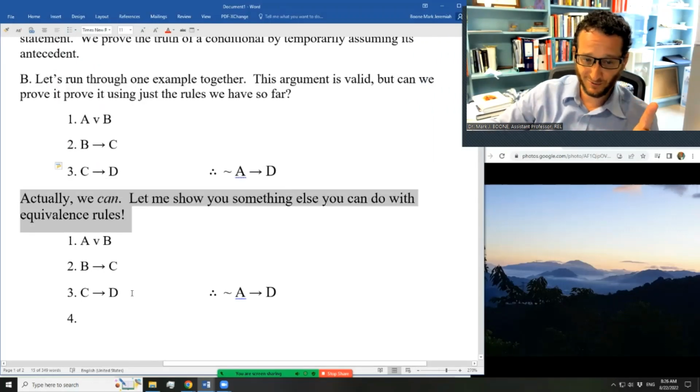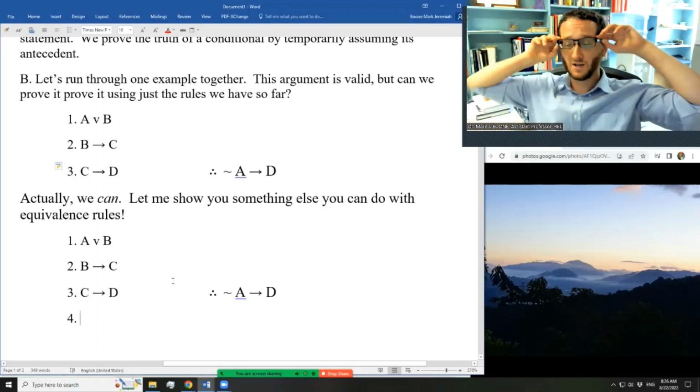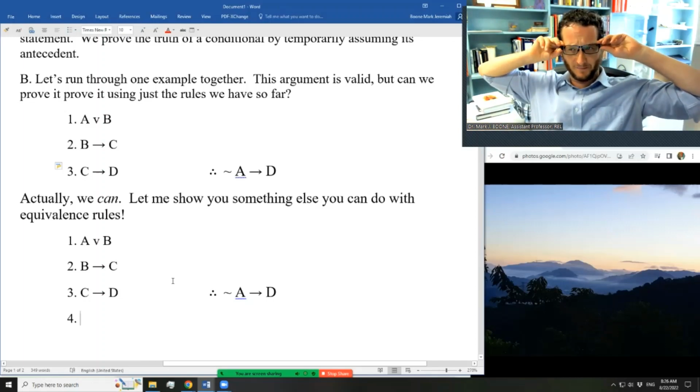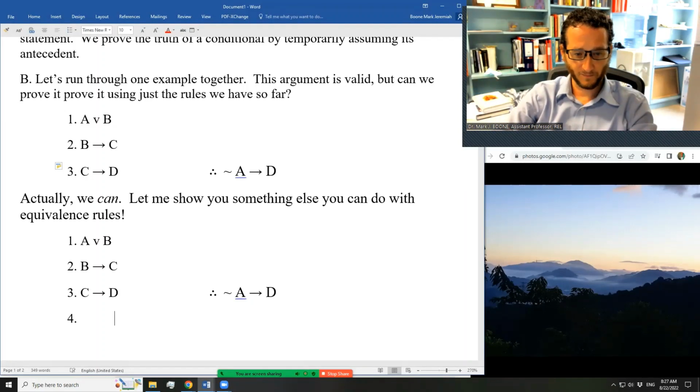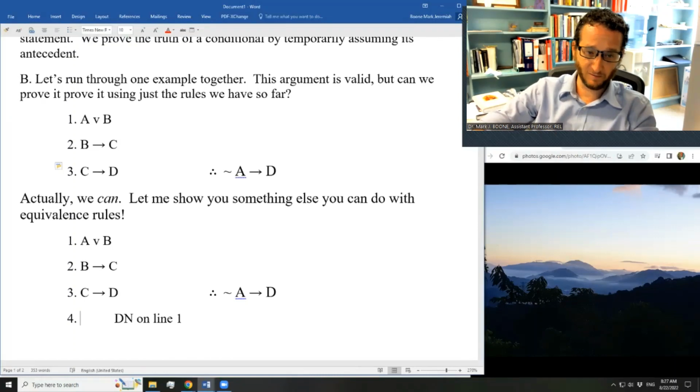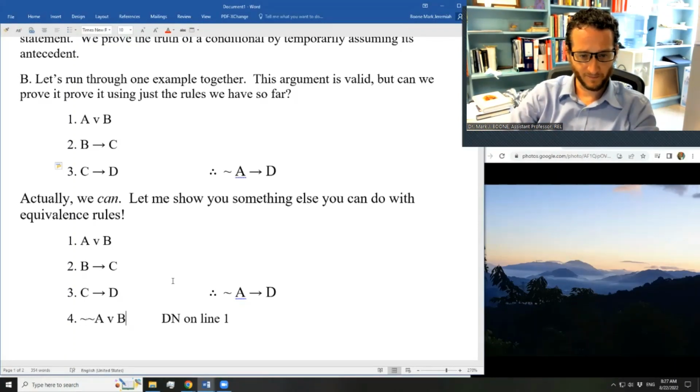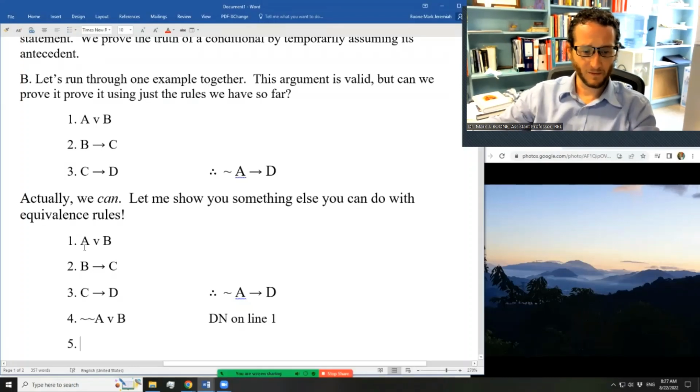Here's where I show you that you can prove it with equivalence rules. So I'm going to do a double negation on line 1. And that allows me to affirm, from either A or B, either not not A or B.